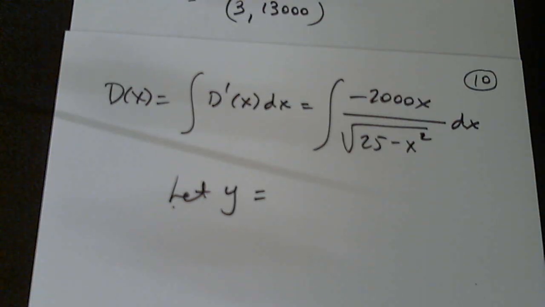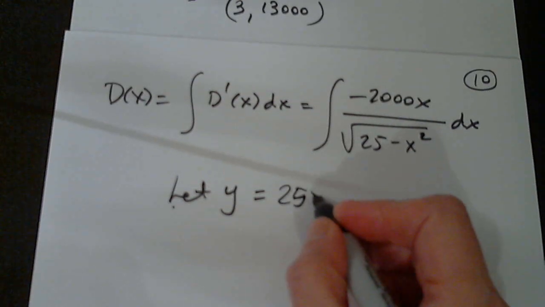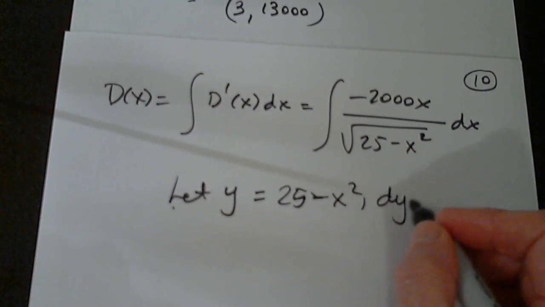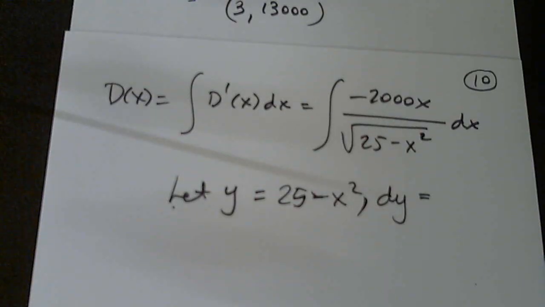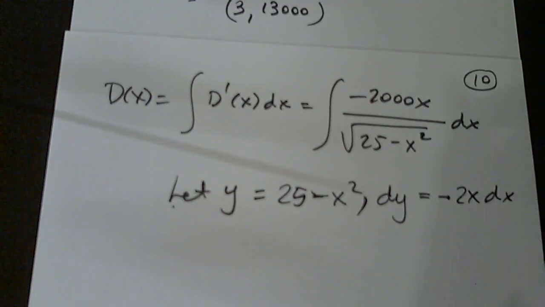I'm sure you have an idea. After 25 minus x squared, of course, we have to find dy, without which we cannot continue. Negative 2x dx.